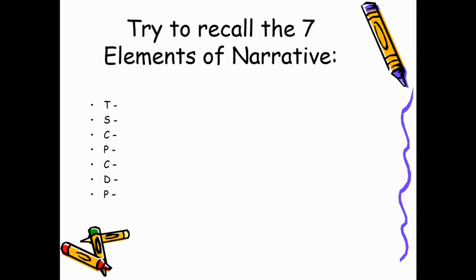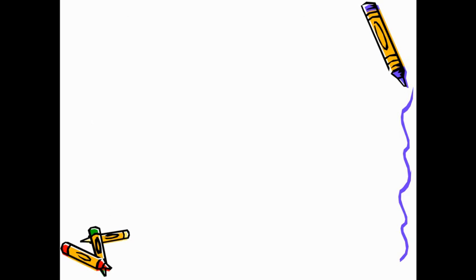Mine was the theme, small, setting, chicken, characters, point of view, painted, cars, characterization, during, dialogue, parties, plot. Okay? So see if you can remember what yours was and what the actual elements of narrative writing are.